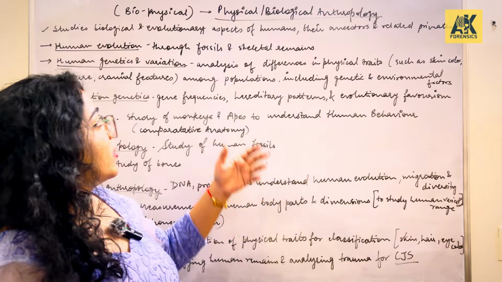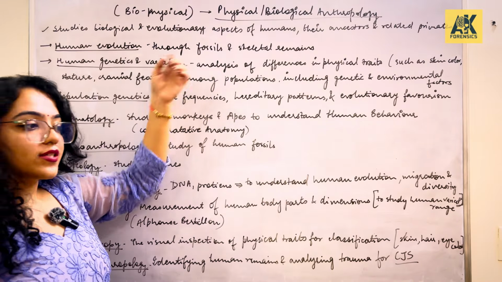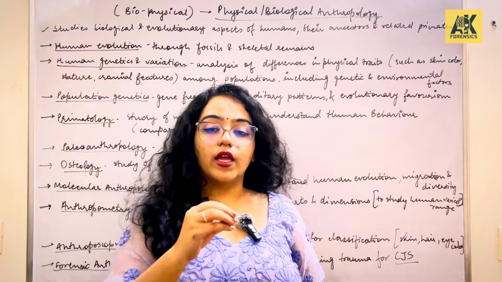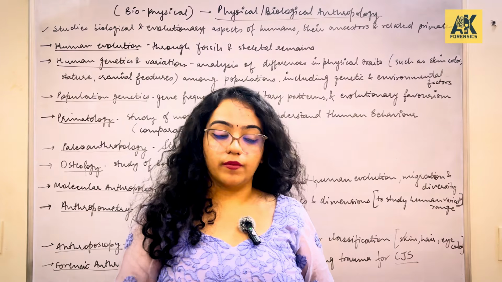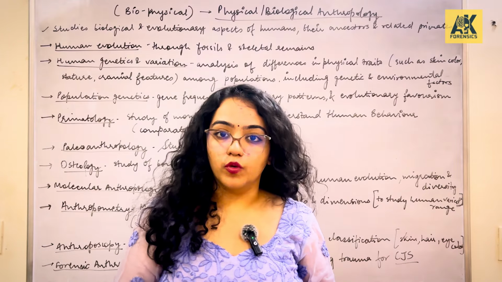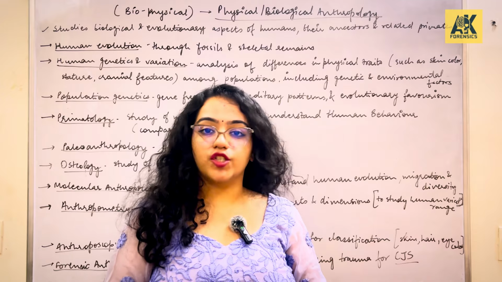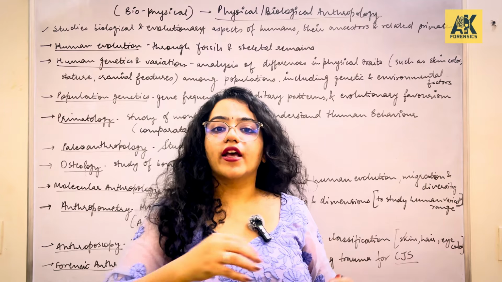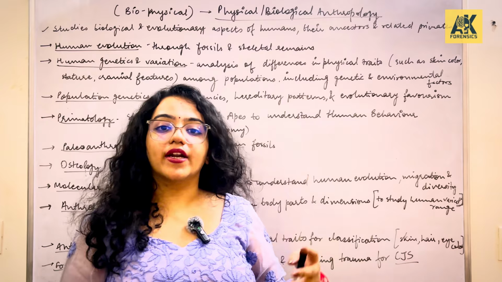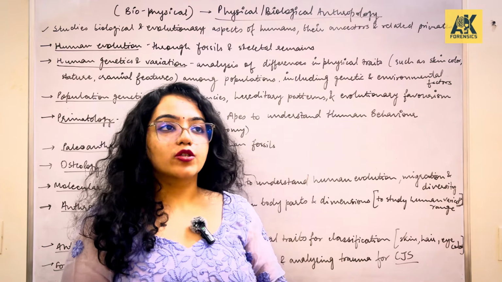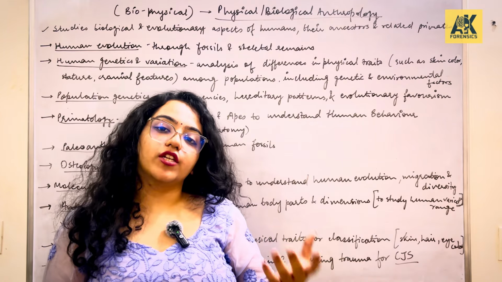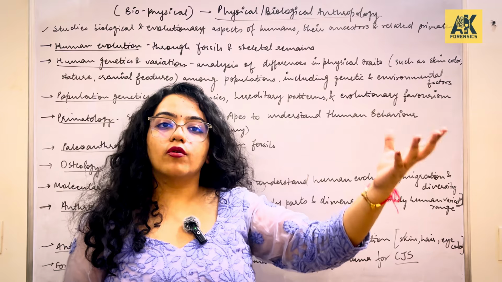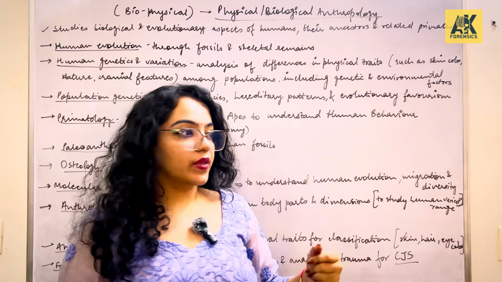So when we are talking about fossil, a fossil is actually a preserved remain, any preserved organic remain. So it can be bones, it can be teeth, it can be shells, it can be any organic matter that has been preserved over time and that has been mineralized so as to retain the characteristic property of that particular organism, you can say, right?